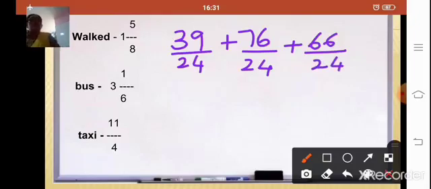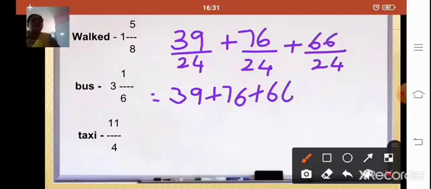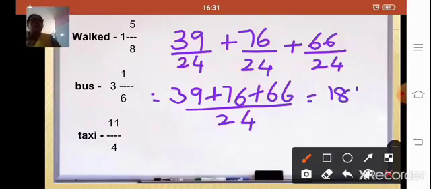So put all the numerators together, 39 plus 76 plus 66 upon 24. When you add all the numerators together, it will be 181 upon 24.